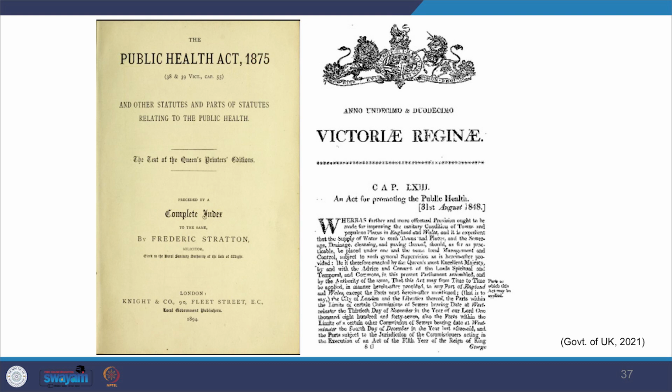In 1875, public health became compulsory, unlike before, and in this, sewers and water supply and an inspector's position was created. So you can see here the Public Health Act from the archival.